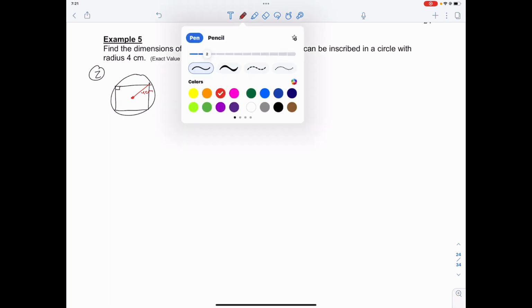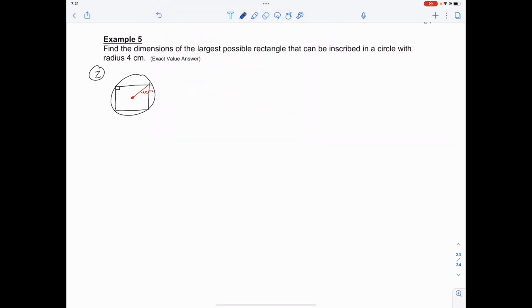which means that the diameter, which is 2 times the radius, has to be a total of 8 centimeters.